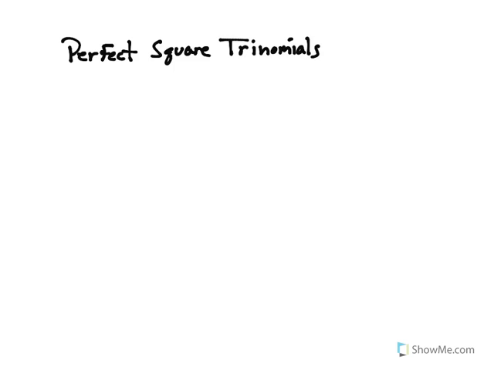Let's look at this example, and now we're going to talk about perfect square trinomials. And these also have a unique pattern that makes them very easy to factor. So, this particular example, 27y squared plus 54y plus 27.